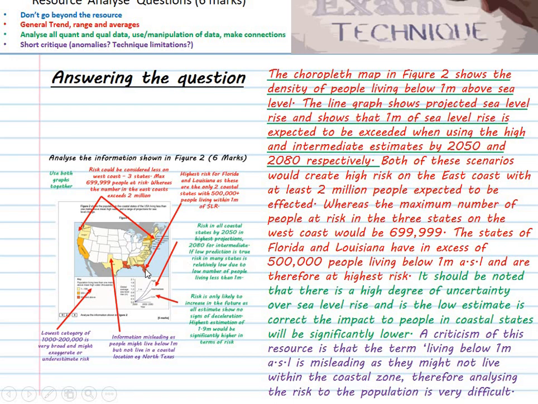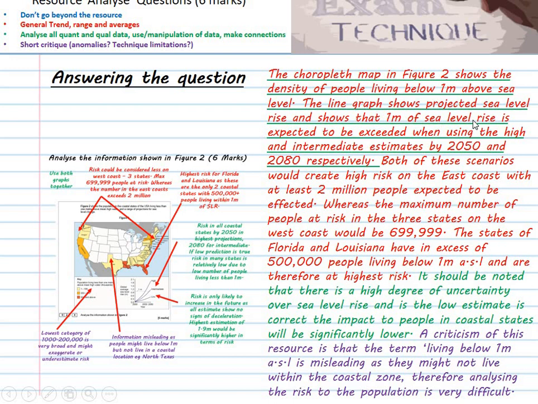So that part points out that 2 states are at significant risk. It then moves on and makes some connections between the line graph and the map. So here we go. It should be noted that there is a high degree of uncertainty over sea level rise, and is the low estimate. If the low estimate is correct, the impact to people in coastal states would be significantly lower.